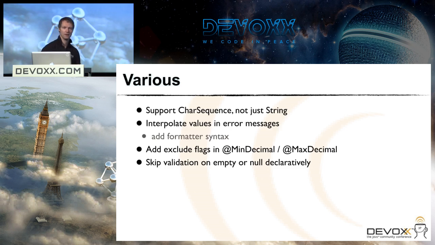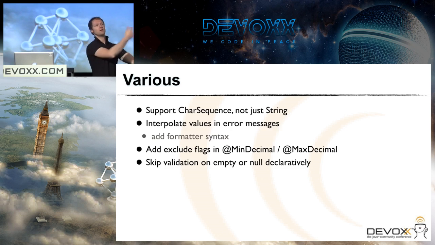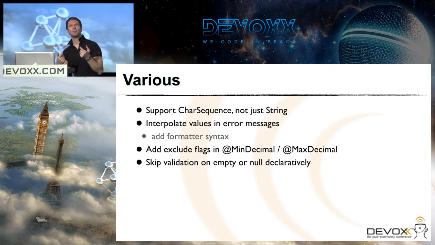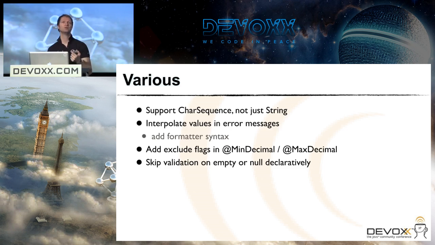We plan on adding value interpolation in error messages. Error messages have interpolations, you can do that. You can especially include the parameter values of your annotations. Let's say Size with max equals 50. You can say your email should be lower than 50 characters, right? We can do that already, but what we cannot do is give you the wrong value.